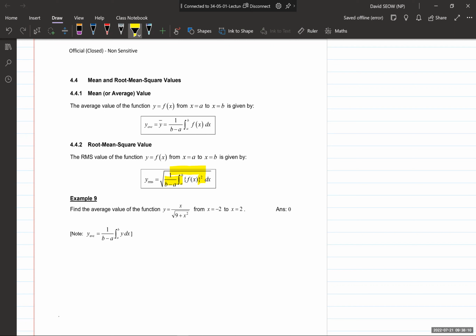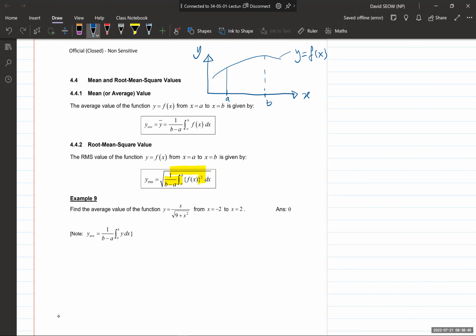You all know mean before, right? You all do average. So let's say I draw a graph. This is x, this is my y, and this is my y equals f(x) graph, with values between a to b.